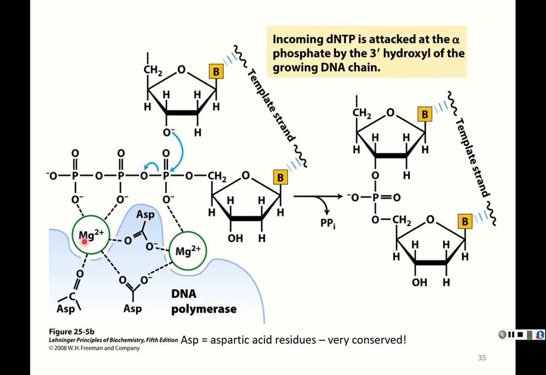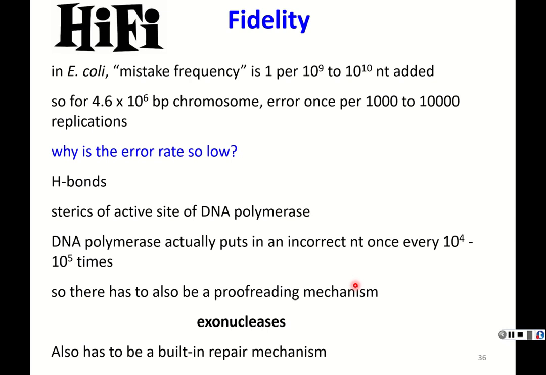But in the polymerase, there are magnesium ions that are helping stabilize that, and aspartic acids as well that help coordinate those magnesium ions, and those aspartic acid residues are very conserved. So this whole process of the polymerase replicating DNA has very high fidelity.